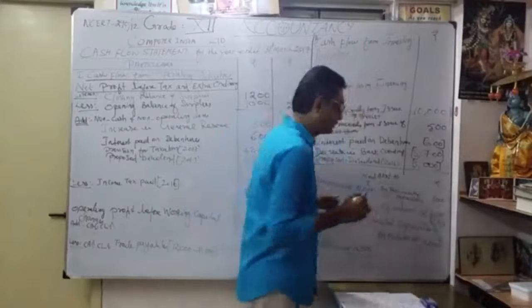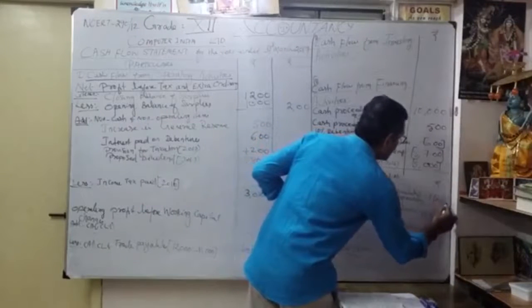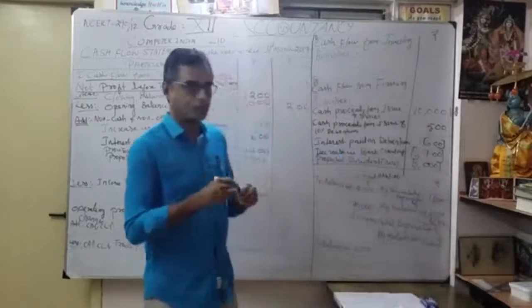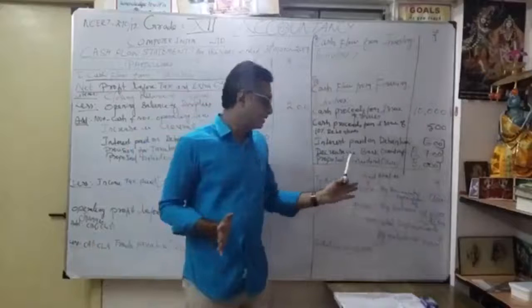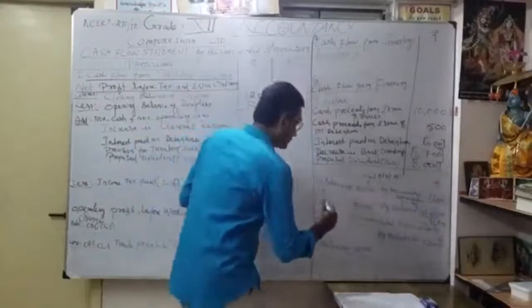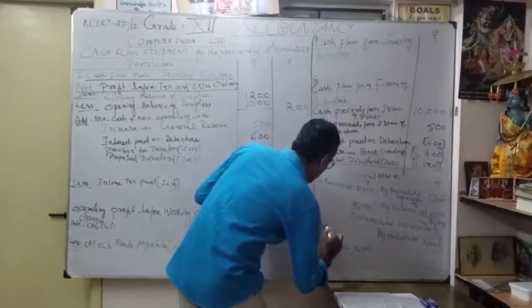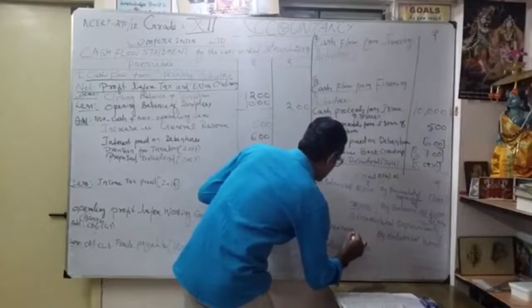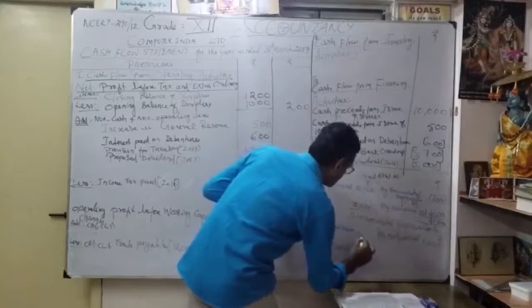This 1,000 is our balancing figure, called the balancing figure, accumulated depreciation. And fixed asset is clear. That accumulated depreciation I'm going to post here, to fixed asset account, how much? 1,000.